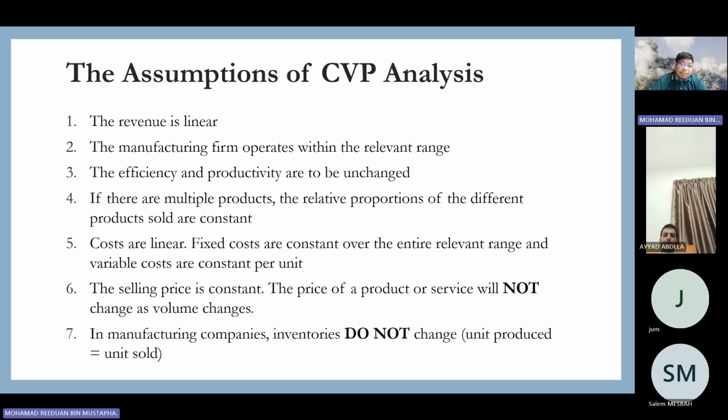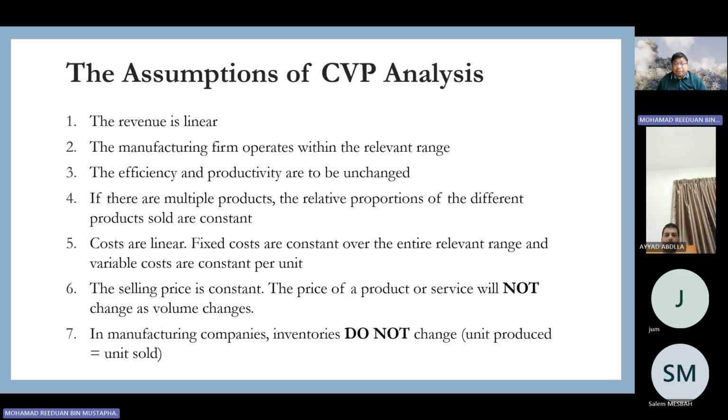The assumptions are that revenue is linear, the manufacturing firm operates within the relevant range, and efficiency and productivity are unchanged. If there are multiple products, the proportion of the different products sold is constant. Costs are linear, fixed costs are constant over the entire relevant range, and variable costs are a constant price per unit. The selling price is constant; the price of product or services will not change as the volume changes. In a manufacturing company, inventory does not change between units produced and units sold.